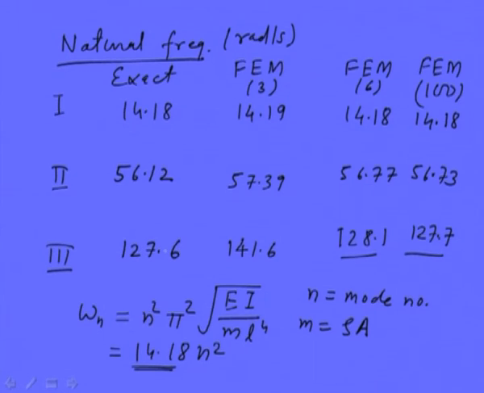You can see that when we took 3 elements, the first natural frequency was quite close to the exact one, the second was marginally okay, but for the third there was a large difference. With 6 elements we could reach quite close to this, and there is marginal improvement with the number of elements. So, even the 6 element is quite accurate for this particular case.